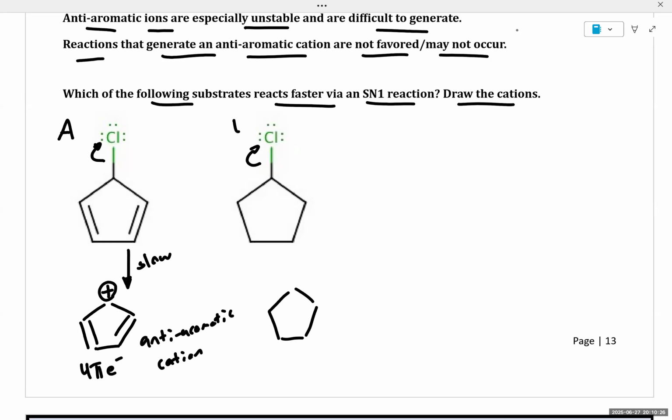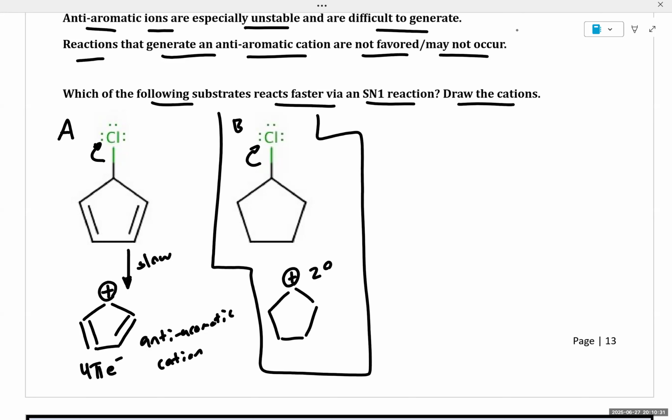So even though in compound B we're just making a secondary carbocation, compound B is going to have the faster rate of SN1 reaction just because we're not having to fight this giant uphill battle to make an anti-aromatic cation as we see in compound A. Compound A may not even react at all via an SN1 pathway and may actually prefer to do an SN2 reaction. This really highlights the huge penalty that you have to pay to make an anti-aromatic cation or anion. Anti-aromatic compounds really are that unstable and hard to form.